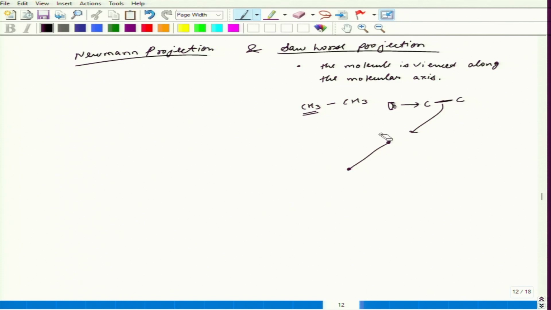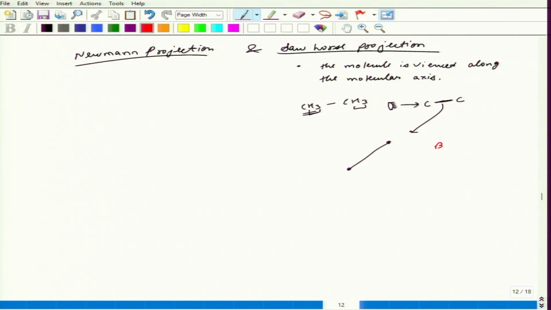Okay. Now, what we have to do? We have to represent the three hydrogens on both carbons. These three hydrogens are to be assigned in a tetrahedral arrangement, meaning the bond angles need to be the same. We know that the bond angle in a tetrahedral molecule is 109.5 degrees. So, we have to maintain that. How is this going to take place?